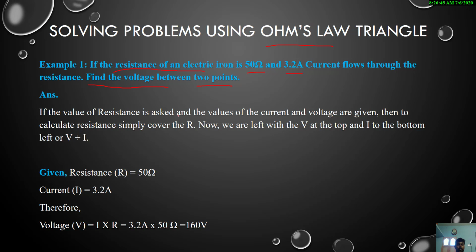In the triangle, cover the quantity you want to find. Now we calculate using the formula V equals I multiplied by R. The I is given, R is also given, and the unknown is V, which is the asked question. Therefore, we obtain the value of 160 volt. That is the answer.